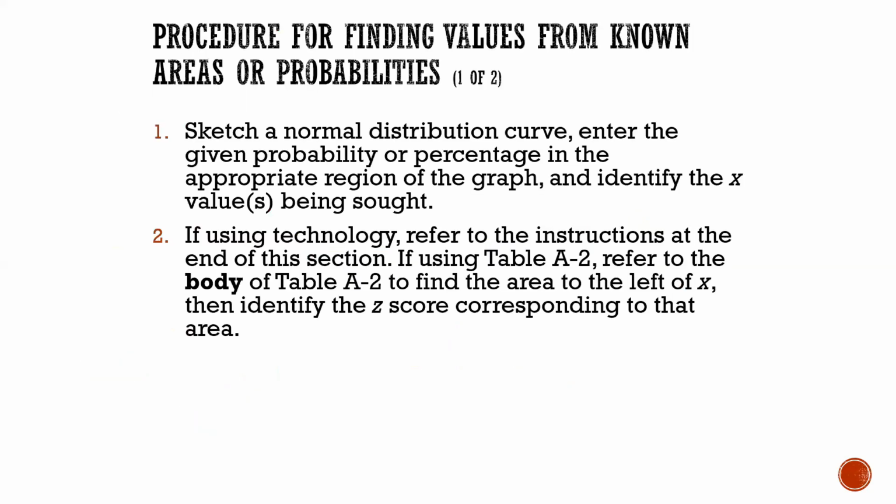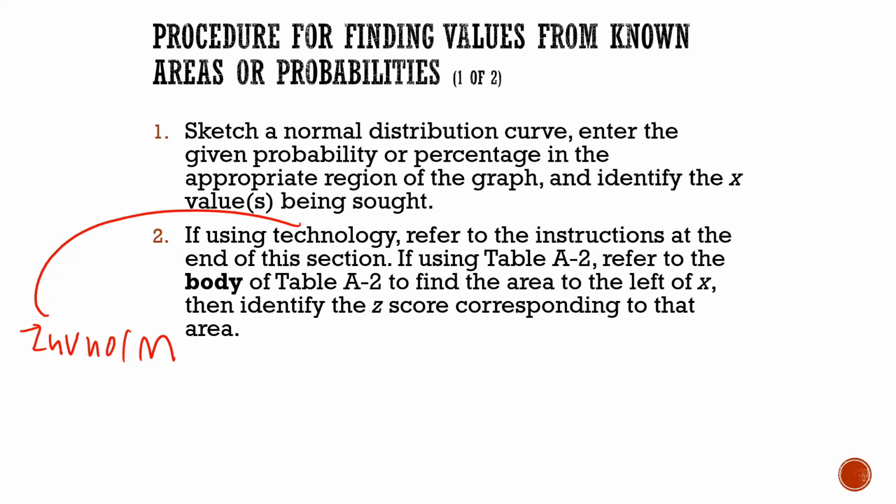So again, you'll sketch it. But then using technology, so inverse norm, or the table, right? If you're using a number table, you're no longer looking at the edge, because you are looking at the body of your table.